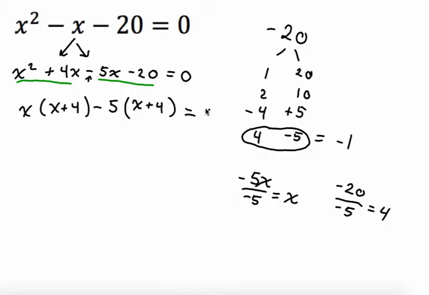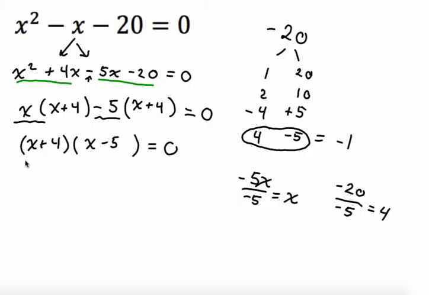All right, and I know I'm on the right track when the x plus 4 is present in both terms. So I write my two pairs, and I can already see them both. There's the x plus 4, which both terms have in common, and then you can see the leftovers right there: x minus 5 equals 0. Okay, now pause for a second.